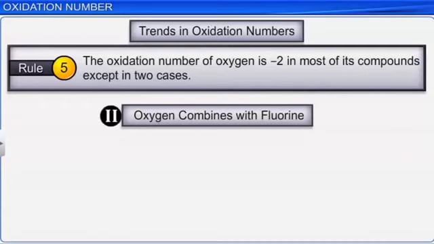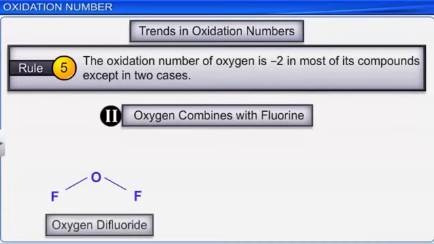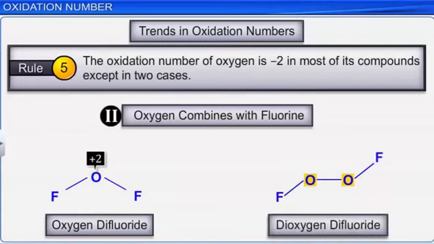For example, the oxidation number of oxygen in oxygen difluoride is +2, and in dioxygen difluoride it is +1. This is because fluorine is the most electronegative element and has an oxidation number of -1.